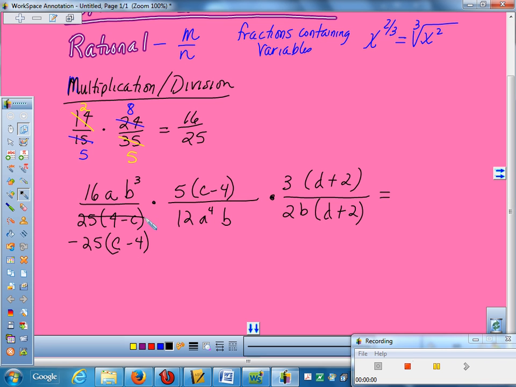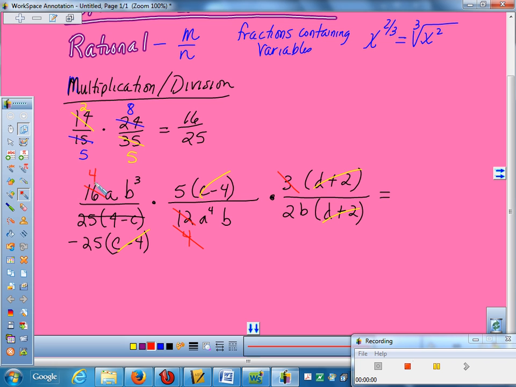So then I can say, hey, goodbye c minus 4s. What else can we cancel? Okay, 3 plus 2s. If we're going to do numbers then, all right. 3 goes into 12 and leaves me 4. Okay, 16 and the 4: 4 cancels into 16, which would leave me still with a 4.